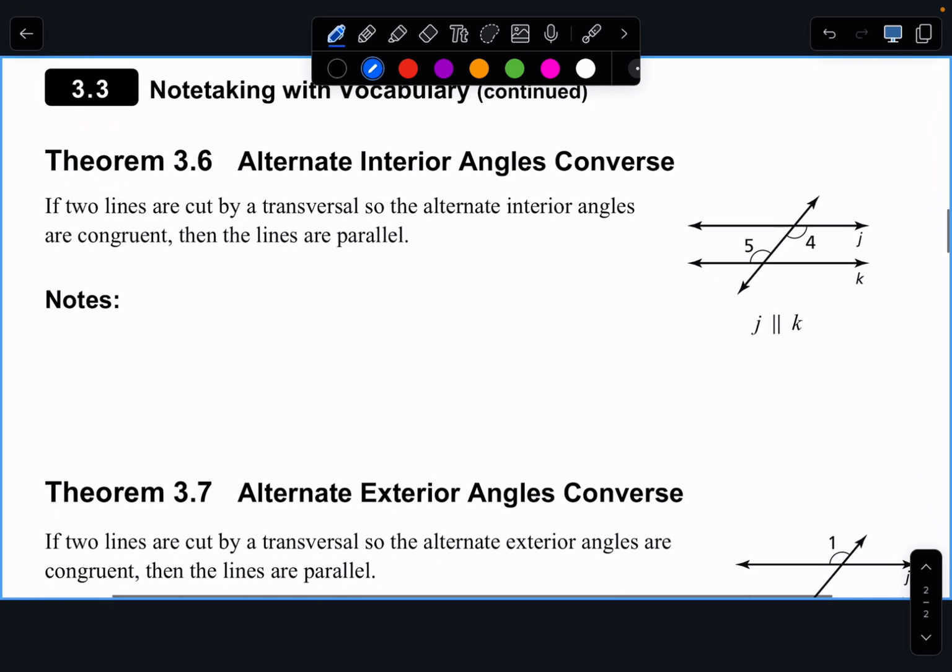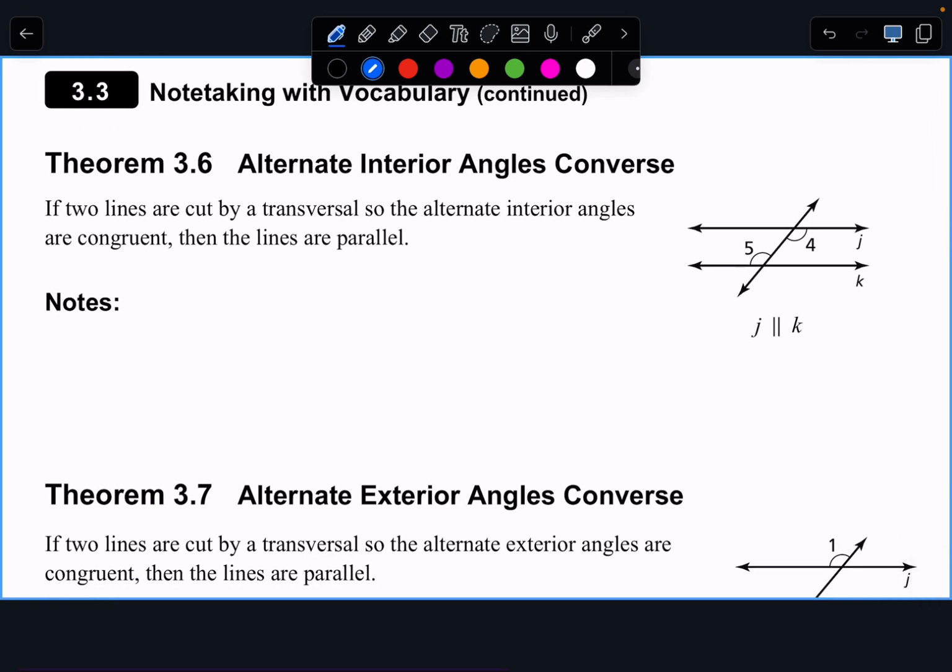Okay, if on the next page I have two lines cut by a transversal so that I have a pair of alternate interior angles that are congruent, then our conclusion is that our lines are parallel.